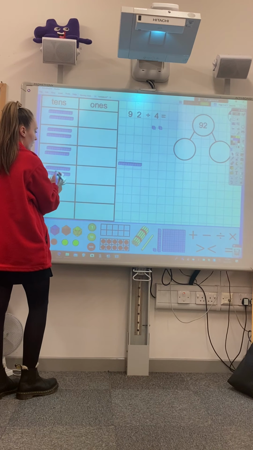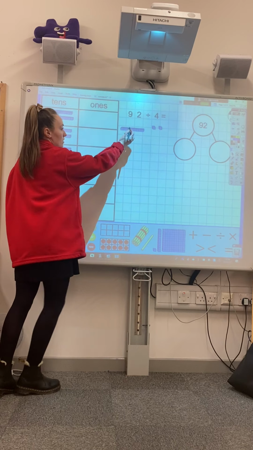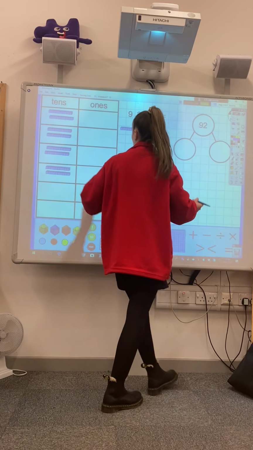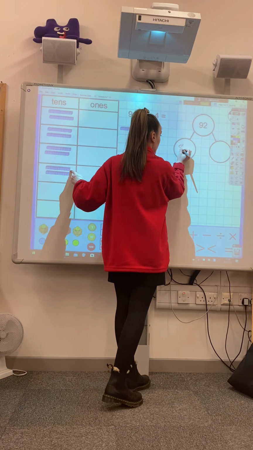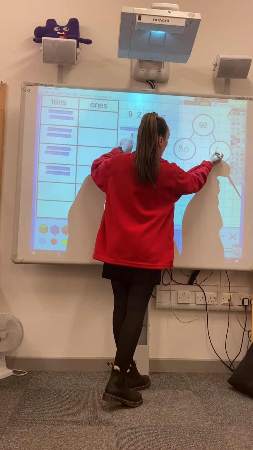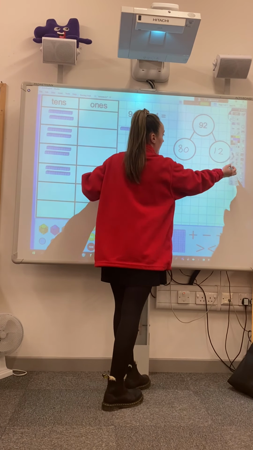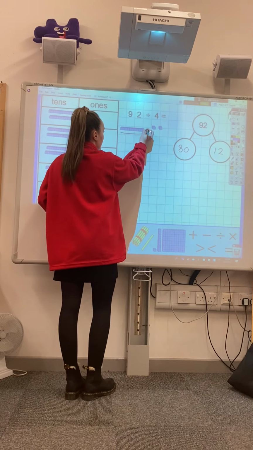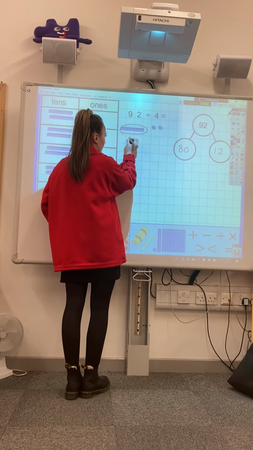Okay, so I know I'm left with 10. So my part whole model, I can partition into 80, and then I'm left with 12, so it would be 80 and 12. And then I'm going to swap this 10 for 10 ones, but I'm going to draw them to make it quicker.